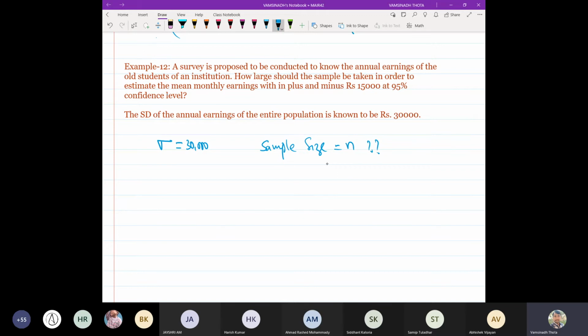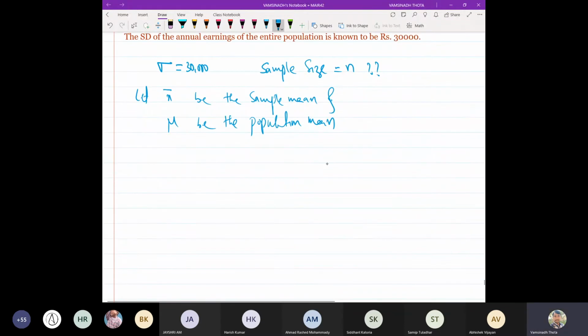Within plus and minus 15,000 rupees means let X bar be the sample mean and mu be the population mean. Now what is asked: the probability that the difference is less than 15,000.